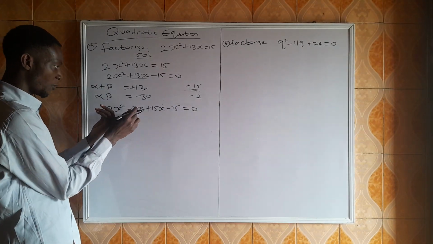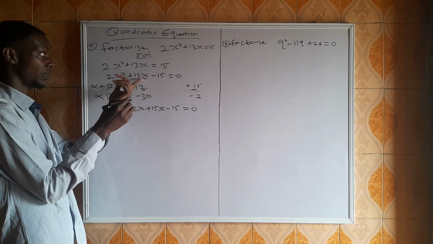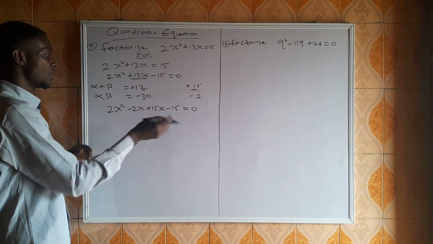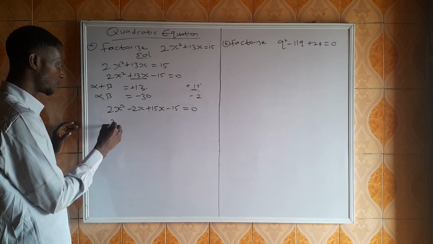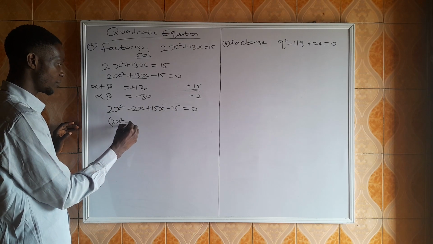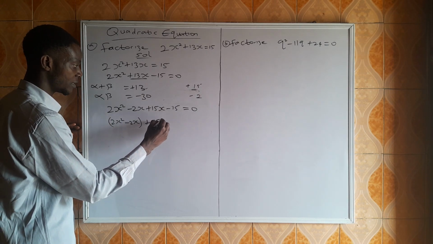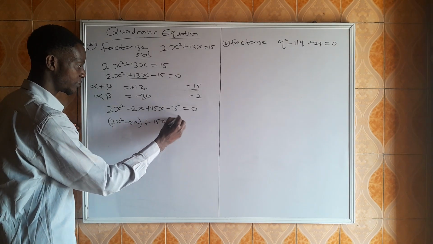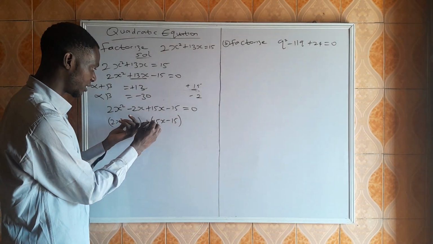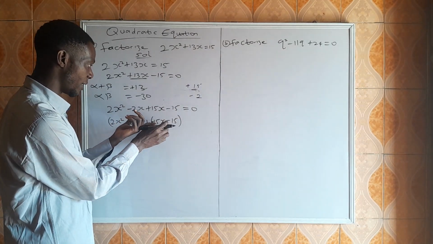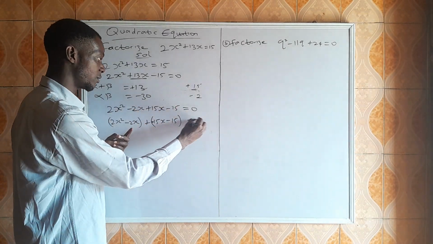Your minus 2s plus 15s is the same thing as plus 13s. So we bring the first two together and the last two together. You have 2s squared minus 2s plus 15s minus 15, and everything equals 0.